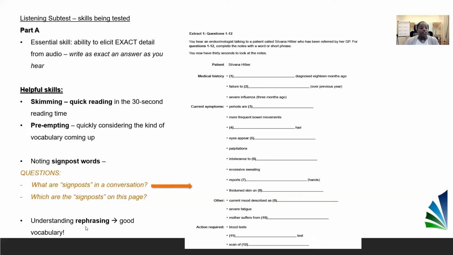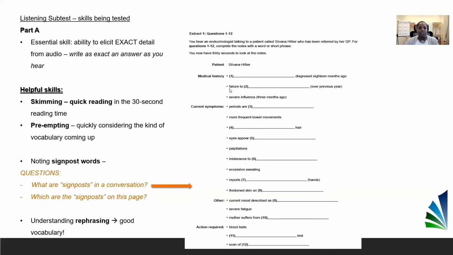But another skill then is also rephrasing, because while they are looking for the exact words or as close as possible in here, what is said around those words might be slightly different from what you see here.